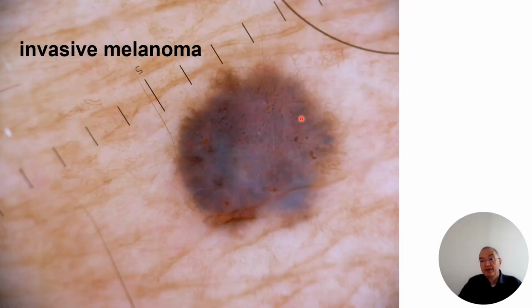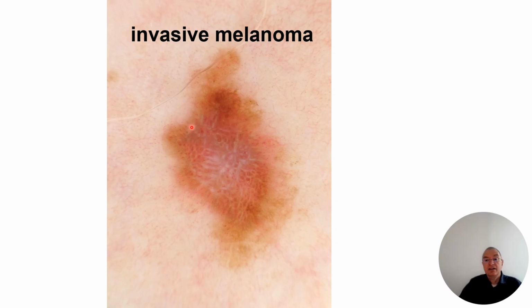Or here, for example, invasive melanoma, with a higher variation of pigmentation. That means we see pigmentation in different layers of the skin. Also here, invasive melanoma, and very, very important, remember, when we use polarized light, we can see the white lines, and white lines can be a clue for any malignancy, especially for melanoma.